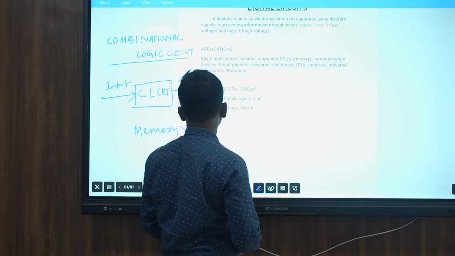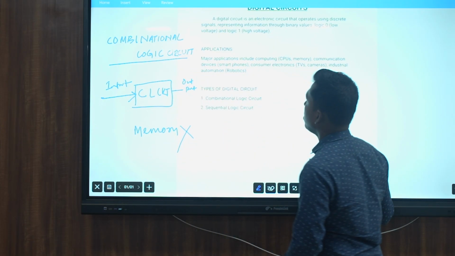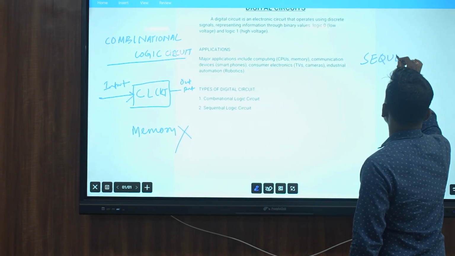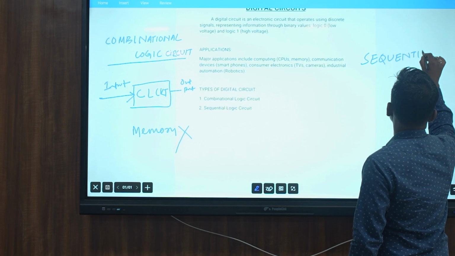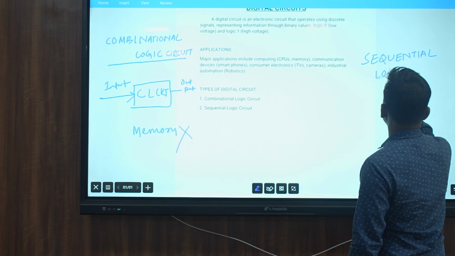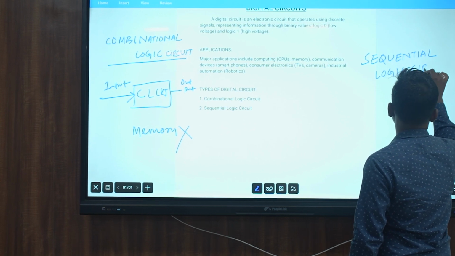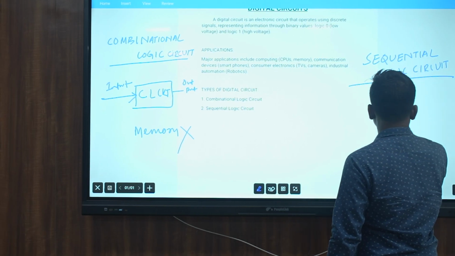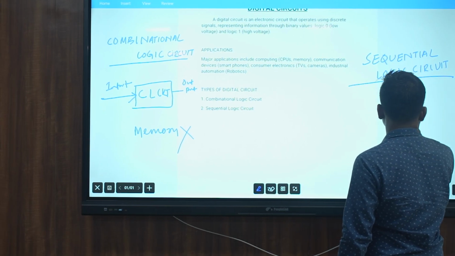Now let us consider the sequential logic circuit. What happens in a combinational logic circuit? This is your combinational logic circuit.